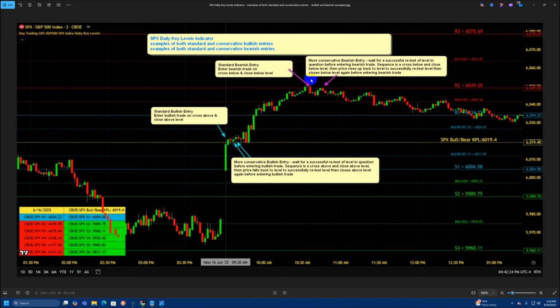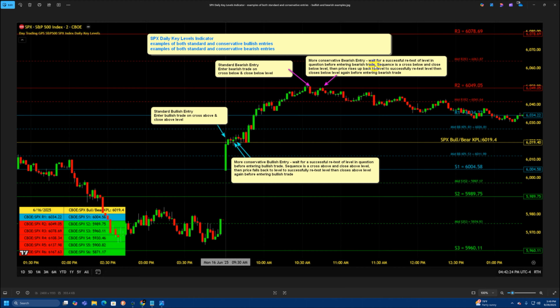And if you chose instead to use a tight stop loss level, then it would be the QL above R2, which in this case would be about right here. And again, on the new V2.0 indicator, it will auto plot that level for you if you go ahead and enable it.